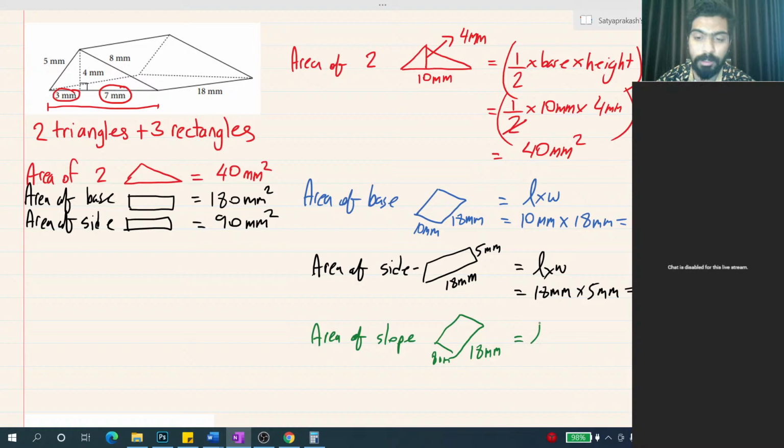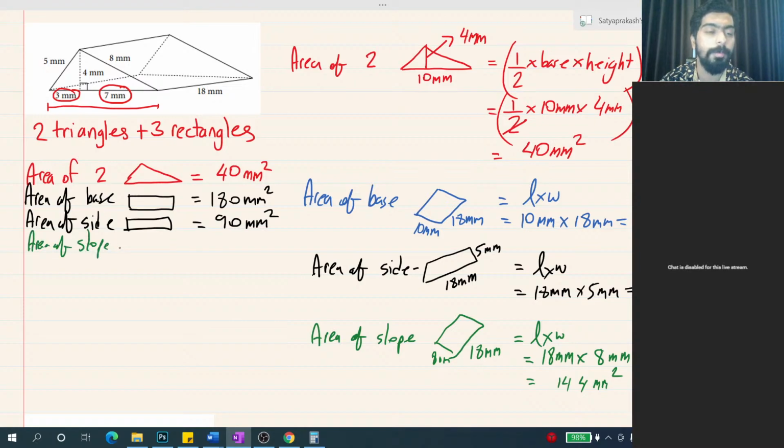So the formula is length times width, which is equal to 18 mm times 8 mm, which is equal to 144 millimeter square. So area of slope rectangle is 144 millimeter square.